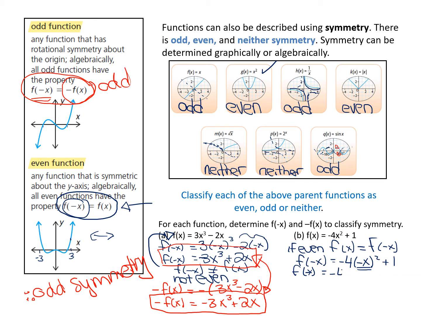So I still have my negative 4 in the front, x squared plus 1. So take a look at that. Take a look at this f at negative x. Is f at negative x equal to f at x? Are these equal to each other? Yes. So it's even. Therefore, this one is even.